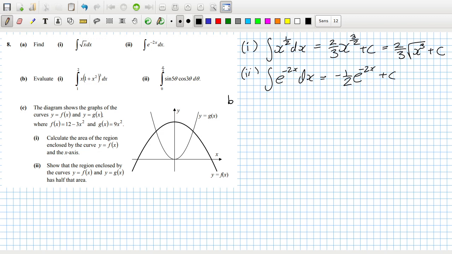Okay, b part 1. I can change that into the integration of a half times 2x, 1 plus x squared cubed dx. And I'll say u equals 1 plus x squared.